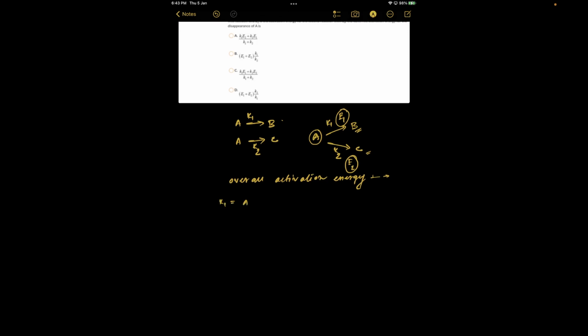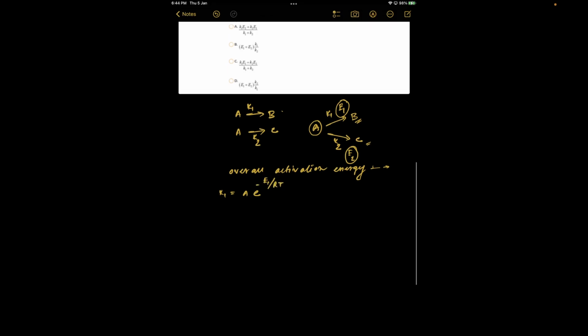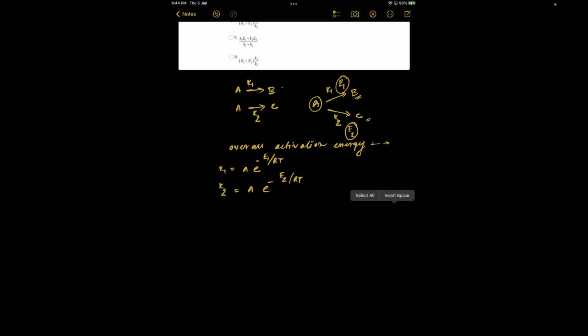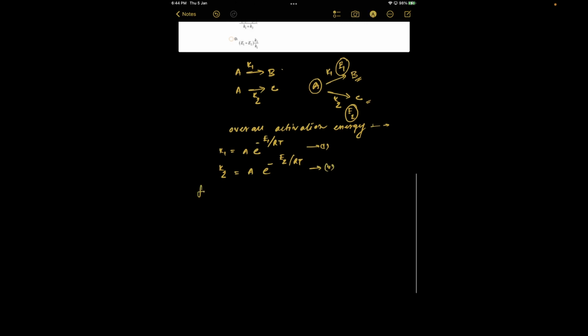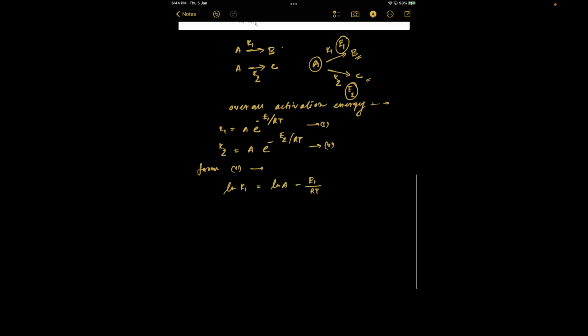Okay, so K1 will be equal to A times e to the power minus E1 divided by RT, we know the Arrhenius relationship, and similarly K2 would be equal to A times e to the power minus E2 divided by RT, right? This is equation 1, this is equation 2. From equation 1, if you take the logarithm, ln K1 equals ln A minus E1 by RT.